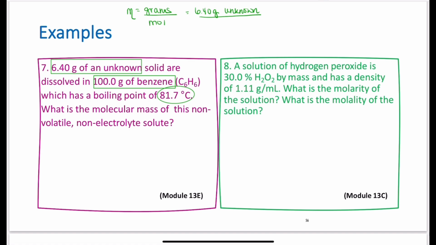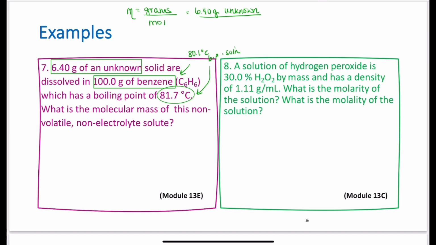When dissolved, it has this boiling point, which means this is the boiling point of the solution, which means I need to look up the boiling point of benzene. I didn't give it to you in the question because it's a homework question. You can look it up. On the exam, you'd have to recognize you have to look at the first page for that, okay? I wouldn't expect you to know this. The boiling point of pure benzene is 80.1 degrees C.